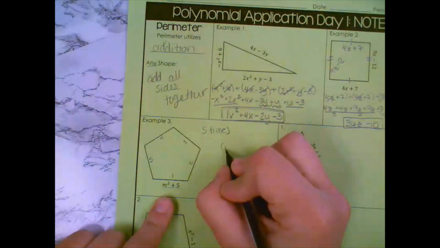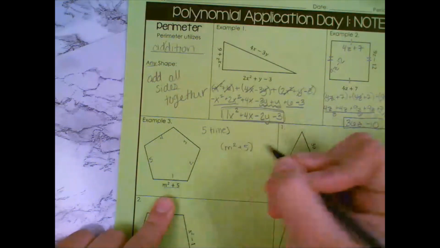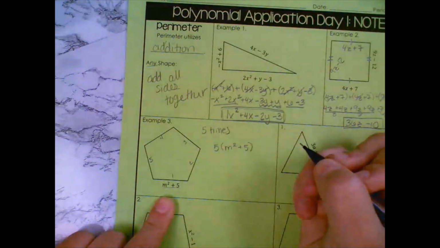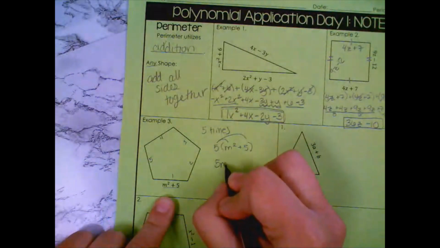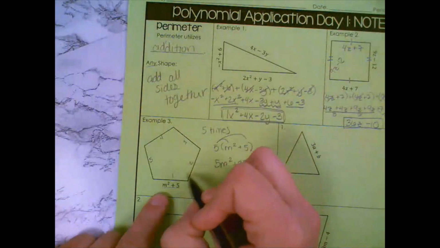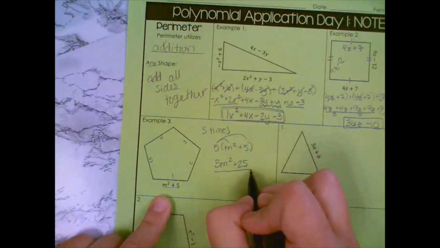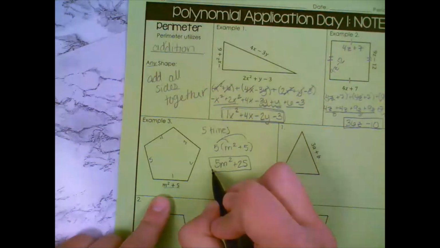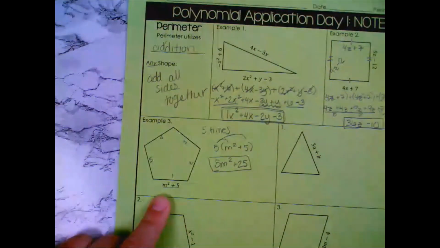Since they're all the same, we can take m squared plus 5 and multiply it by 5 because there's 5 of them. This gives me 5m squared plus 25. If that confused you, and you get to a quiz and you literally just add this 5 times, you will end up with the same exact answer. But if it's all the same, you can use however many there are with multiplication.